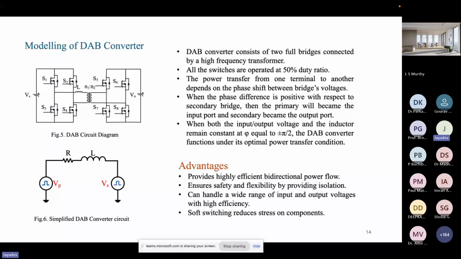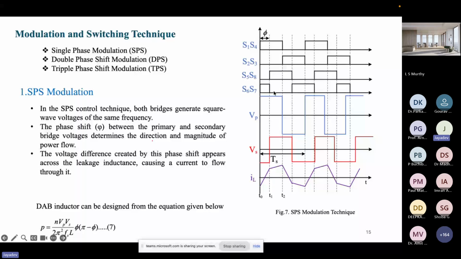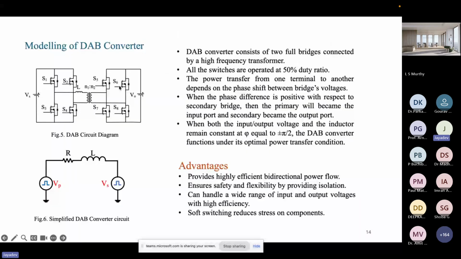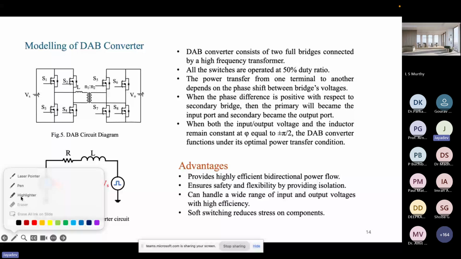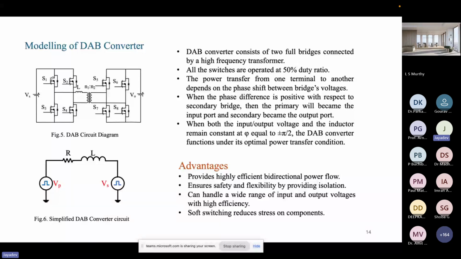So we are discussing the SPS control. In this control, we make a single phase shift between the primary bridge voltage and the secondary bridge voltage. Normally the diagonal switches are combinedly on, and in a single leg, S1 is complementary to S4.